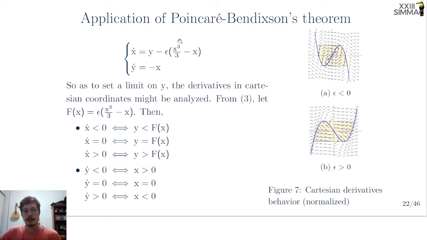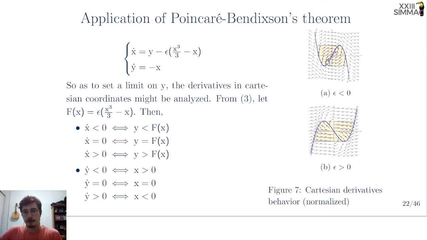Now the analysis in Cartesian coordinates. Here we call this part of the function f of x, represented by these blue curves. If a point is above this curve, the x coordinate increases. If it is below, the x coordinate decreases.